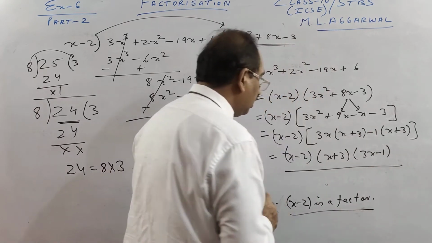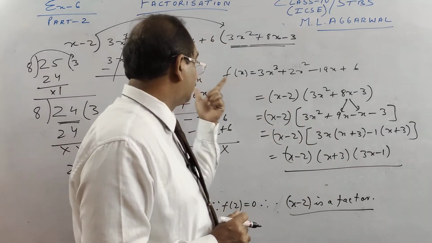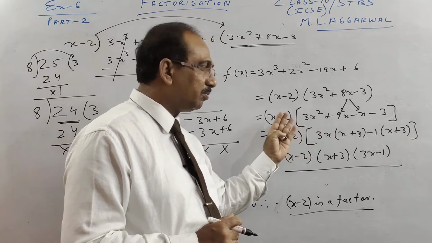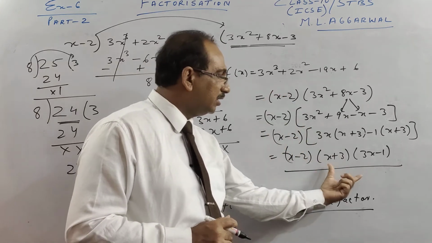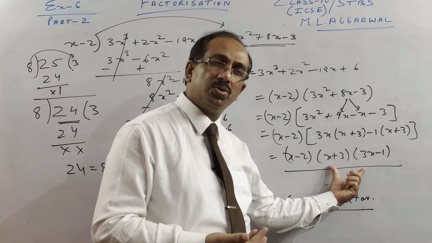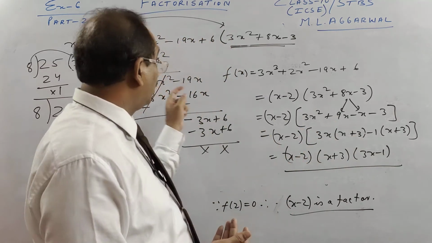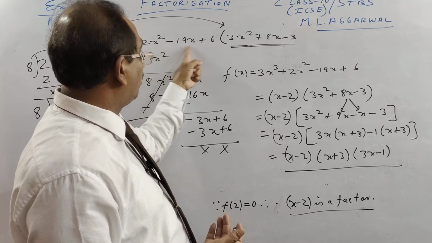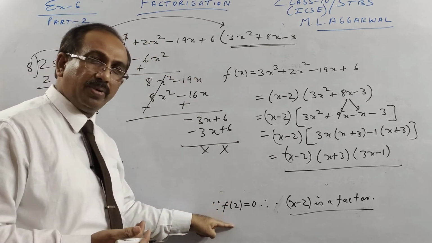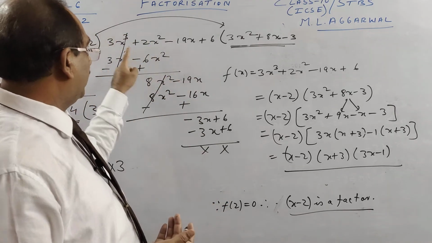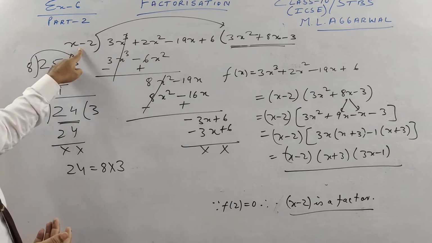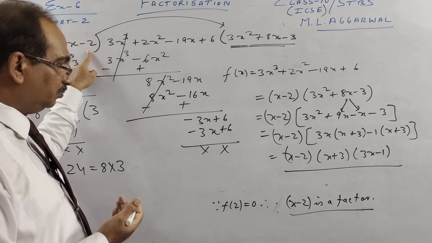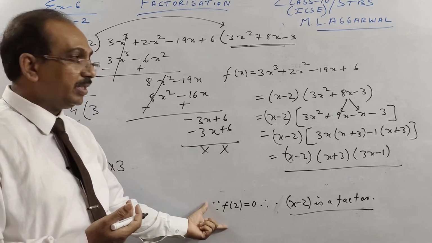So see, finally you should have all these 3 terms. This is fx is equal to all these 3. So generally sometimes children, they don't write this, they simply write this 2 only. So you lose 1 mark, you won't get the last mark, because the question was using remainder theorem, completely factorize this. So first factor we got by hit and trial method, then we divide this fx by that factor, we see remainder is 0, means this is a factor which we already knew because we got the remainder 0.